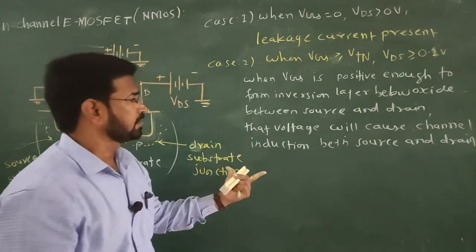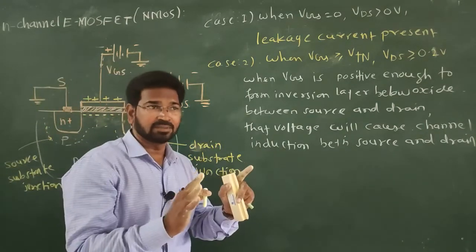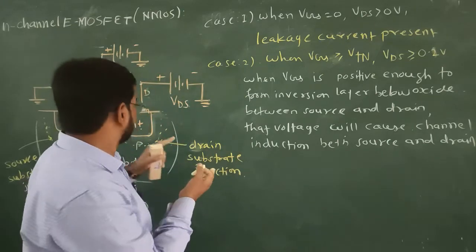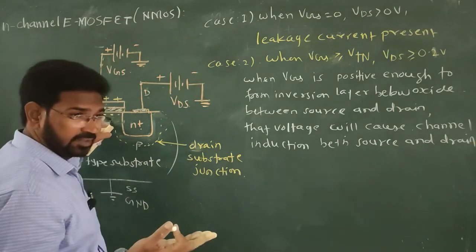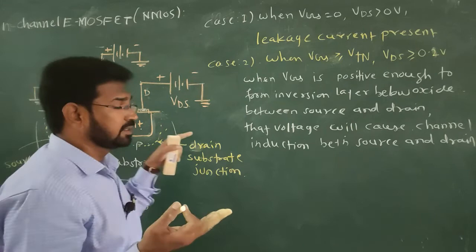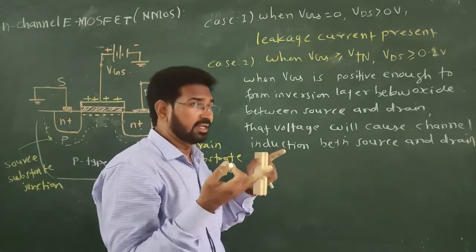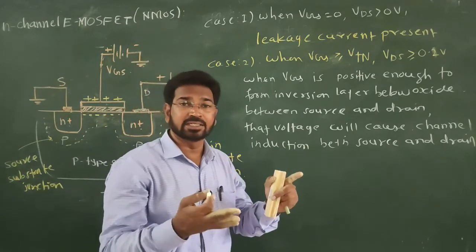Say this, it is the amount of positive gate voltage which will cause an inversion layer below the oxide layer, and enough charge carrier concentration is present below the oxide layer, and it is called the induction of the channel.